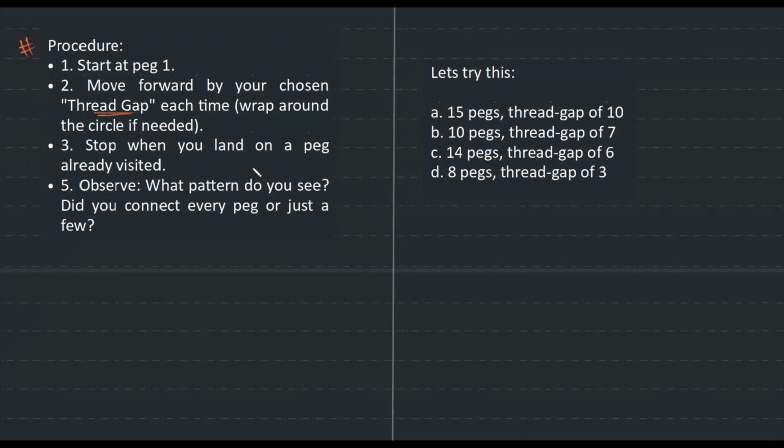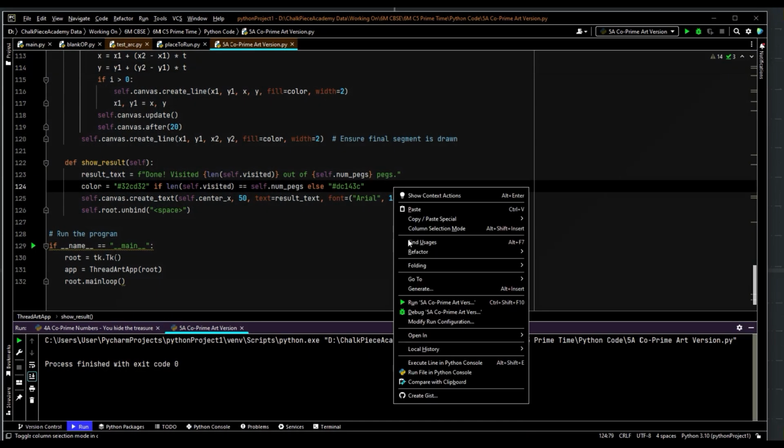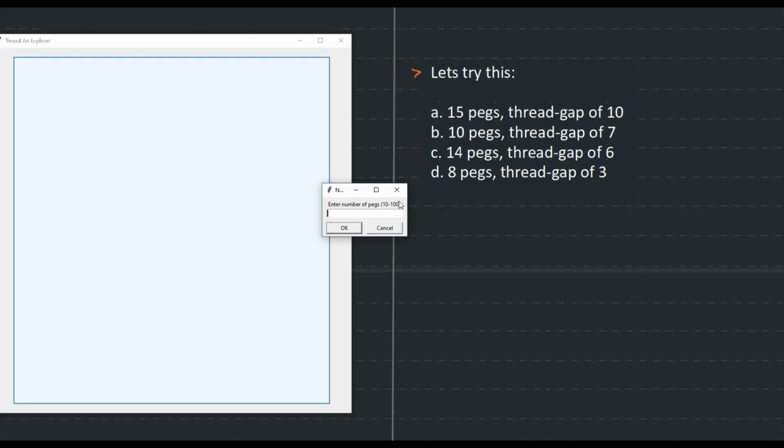We have a bunch of numbers that we have to look at. I already have a set of numbers in mind, so I want to stick to that. We have 15 pegs, and then the gap.